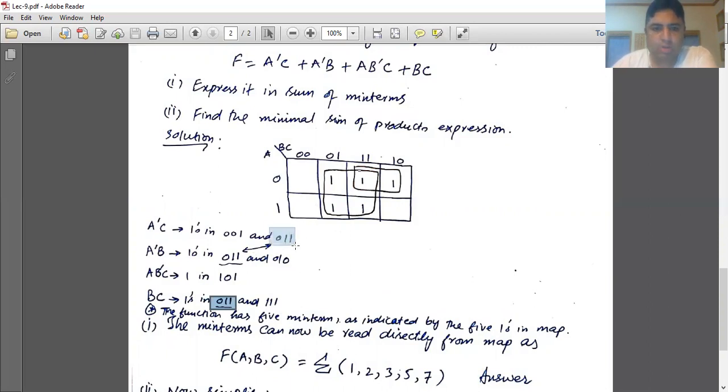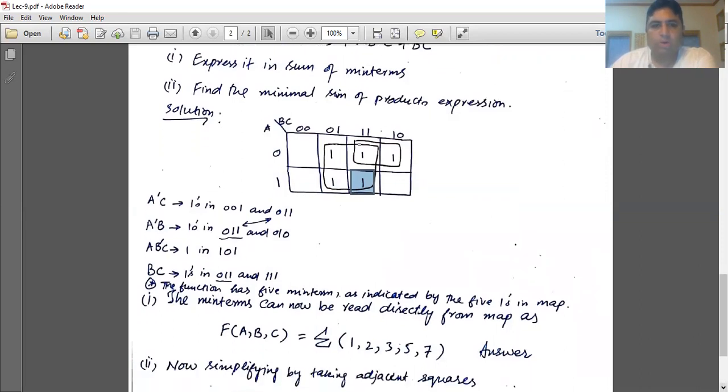The other combination is triple 1, which is A1, B1, C1. So we put a 1 here. Now we have put all the 5 ones.